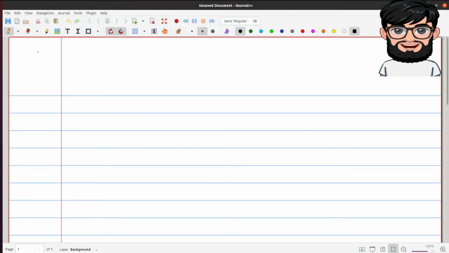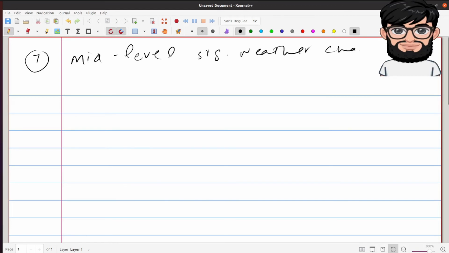Okay, the seventh one is mid-level significant weather chart. Again, the name changes. This is also abbreviated as SIGWX, but the previous one was the low level, this is the mid level.